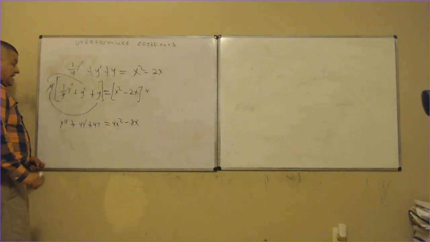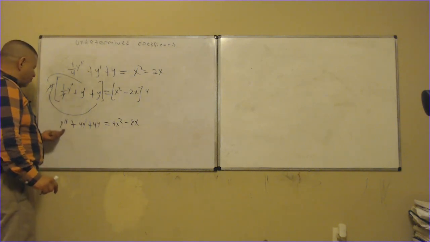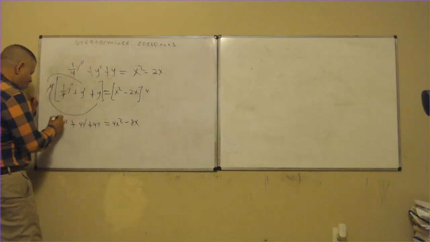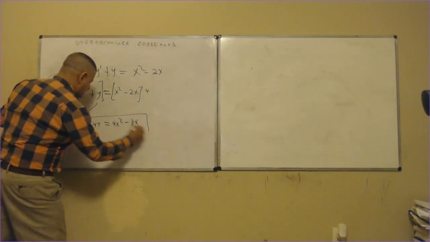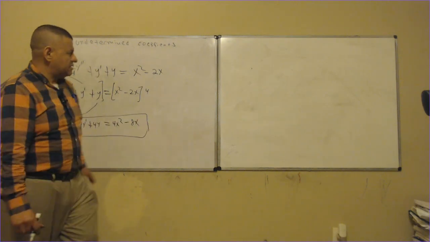Okay. Now, notice that we got rid of that fraction and we have the y double prime by itself. That's the step that we want. Once we put this in the form, we need again to find the roots.